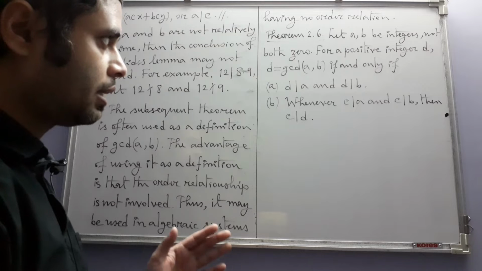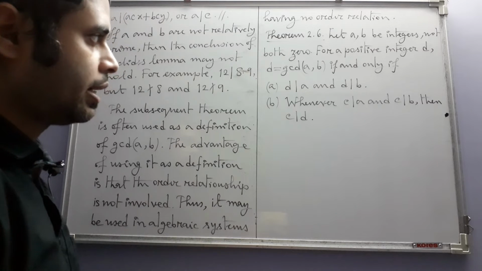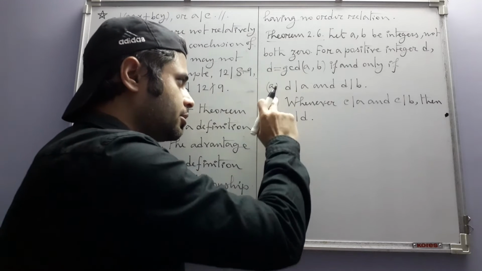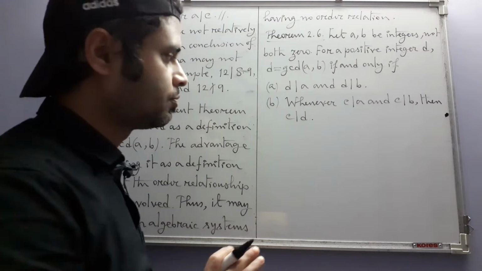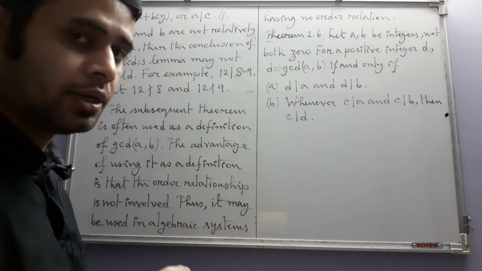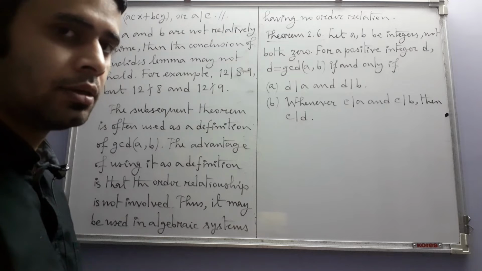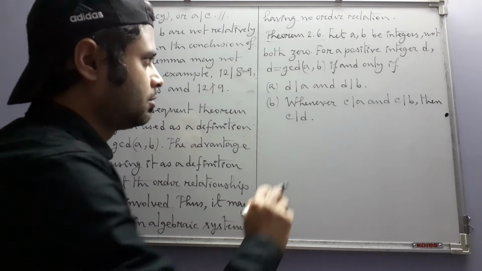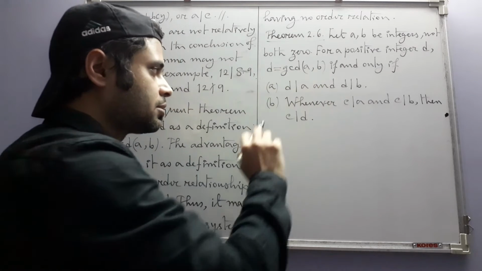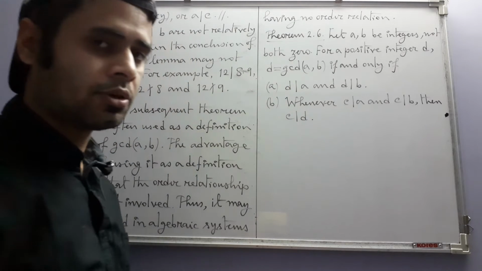So what we are asserting in this theorem is that if these two conditions are true, then such a positive integer d will be equal to the greatest common divisor of a and b, and conversely the greatest common divisor of a and b satisfies these two conditions.